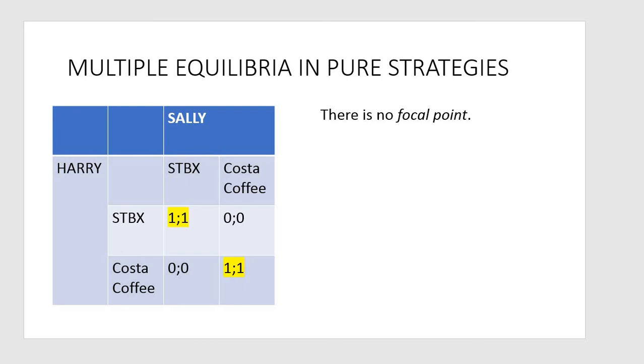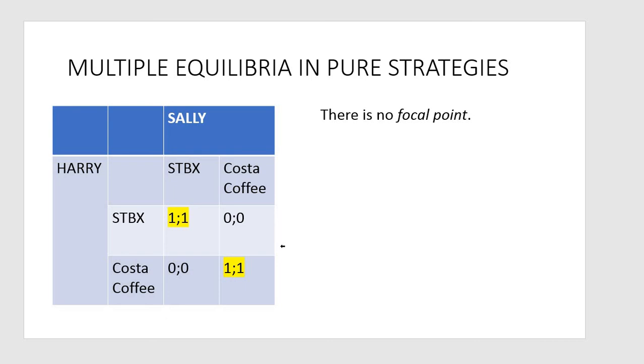So if you solve this game using best response analysis, you will see that there are 2 equilibria when both of them meet in Starbucks and when both of them meet in Costa Coffee, corresponding to the payoff 1-1. Because it's assumed that they will get no utility if they do not meet, if they go to different cafes. So in this game, there is no focal point, no convergence of expectations.